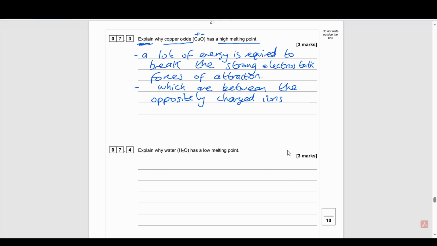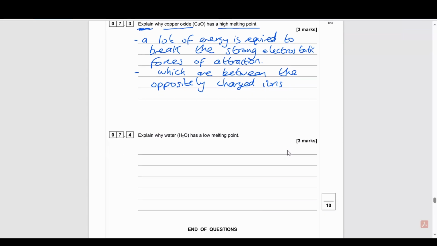So for our 3 marks here, we're stating that there are oppositely charged ions. We're stating that there are strong electrostatic forces of attraction. And then our third point is that a lot of energy is required to break those strong forces.